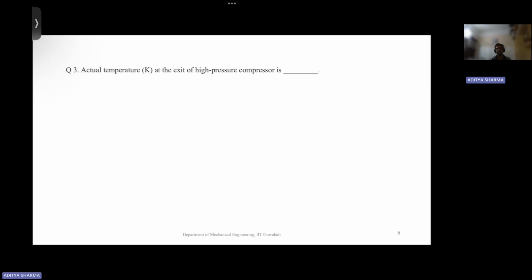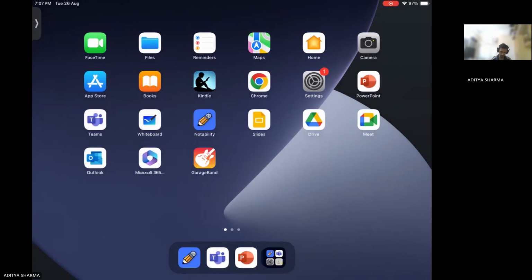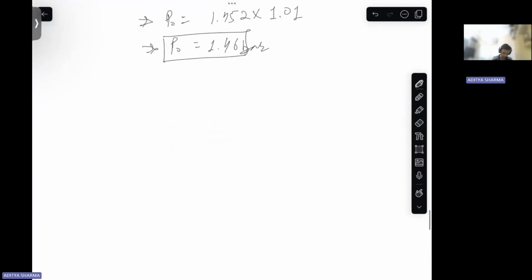First of all, we'll write what has been given to us. We'll draw the diagram. After that, we'll take the questions. For question number 3 to question 7, what is given to us?